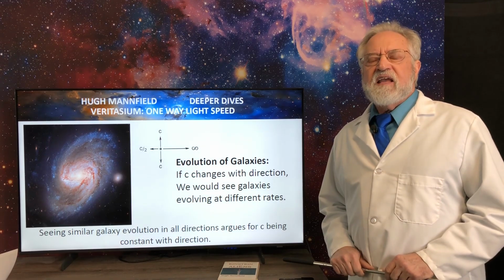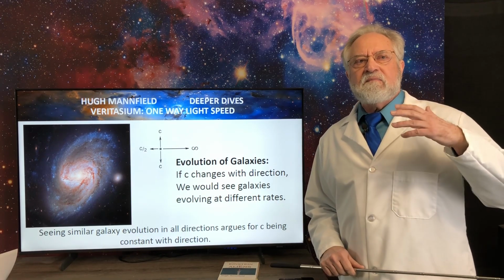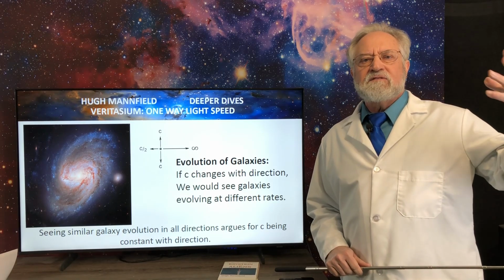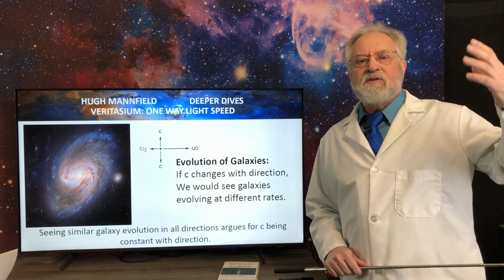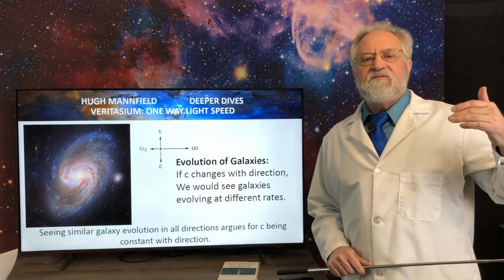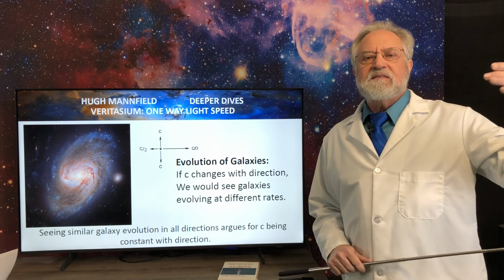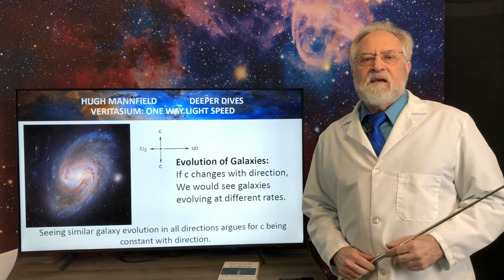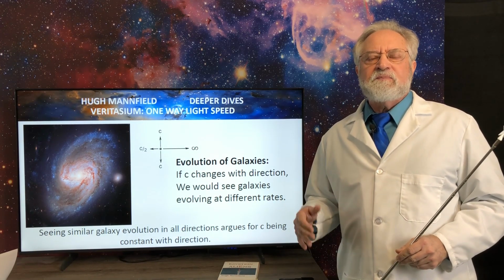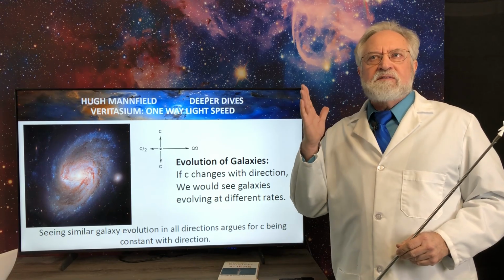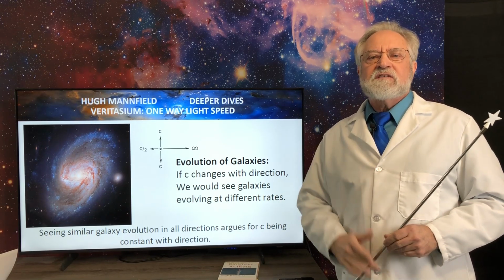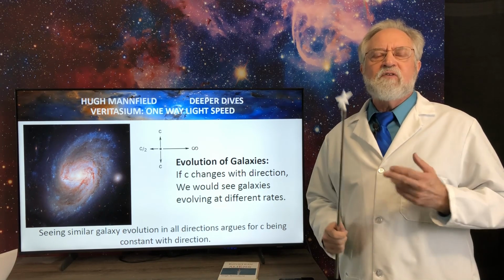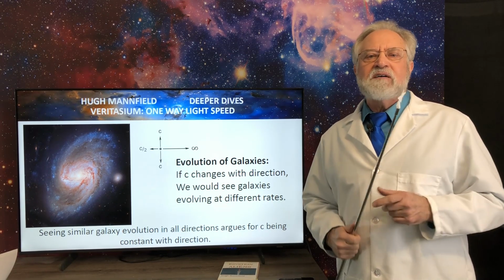So in the evolution of galaxies, we would look out into the distance and we see the nearby galaxies at a certain state of evolution. And as we look through space, we see farther back in time and we see galaxies in earlier and earlier states of evolution. Now, as Derek pointed out in his video, if light speed was infinite in a certain direction, if you looked in that direction, you would see everything in, quote, real time, or as it is now in some cosmic sense.